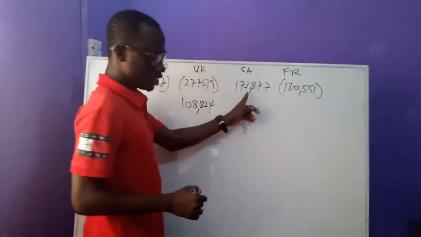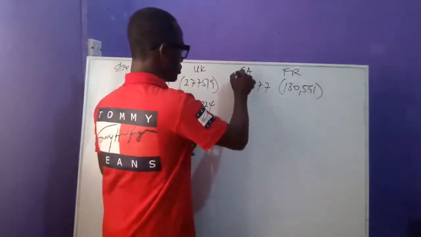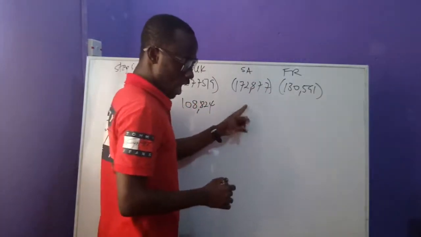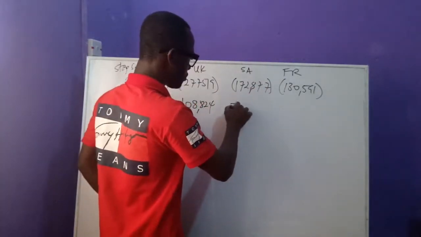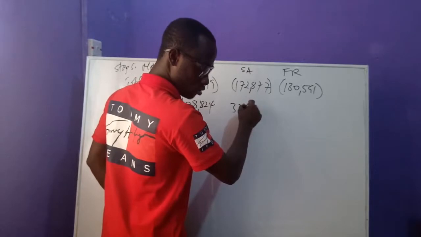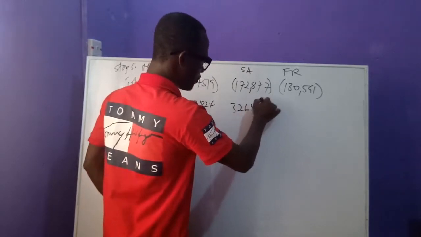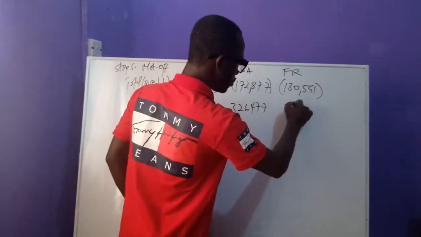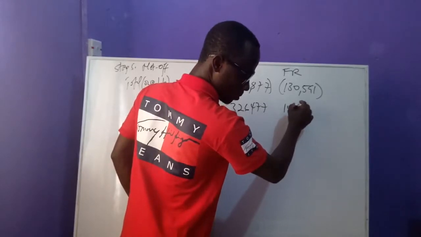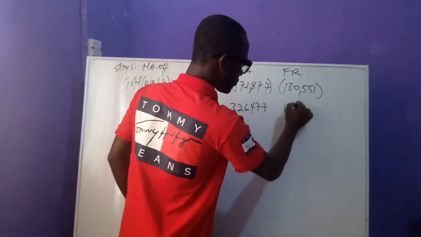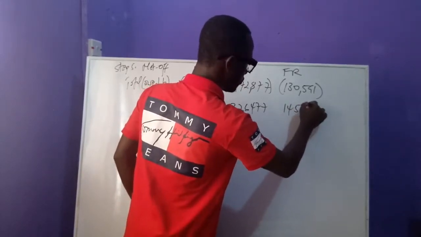108,824. And these people, still in bracket, are also going to have 326,477, and this will have 145,439.